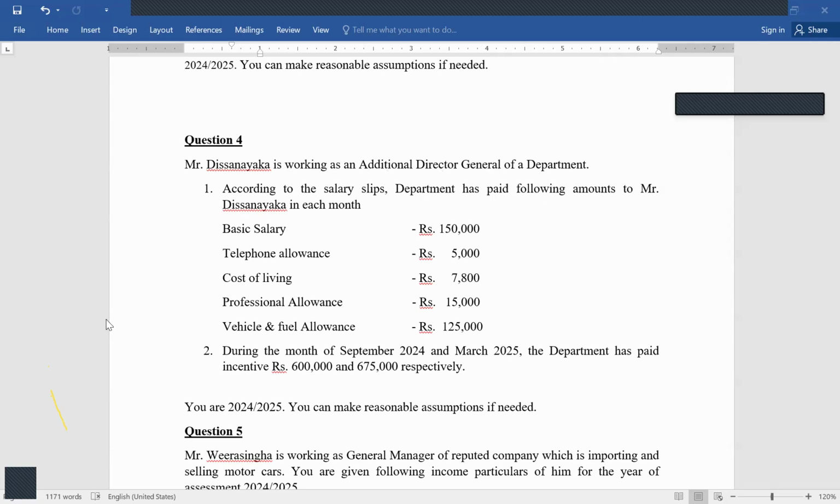You should know the difference between a private sector employee and a government sector employee, because some concessions are provided for government sector employees. So when we are calculating this one, you can understand the difference between those two employees. Okay. Try to calculate the tax liability of Mr. Disanayaka.